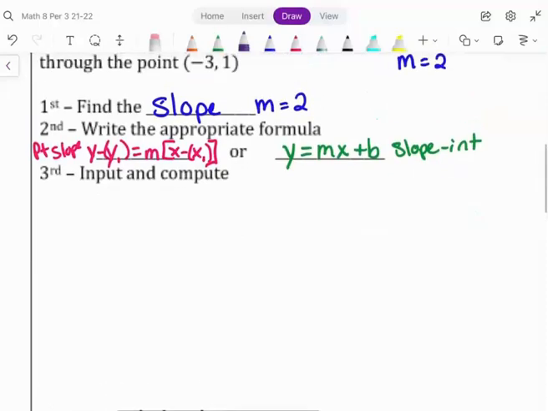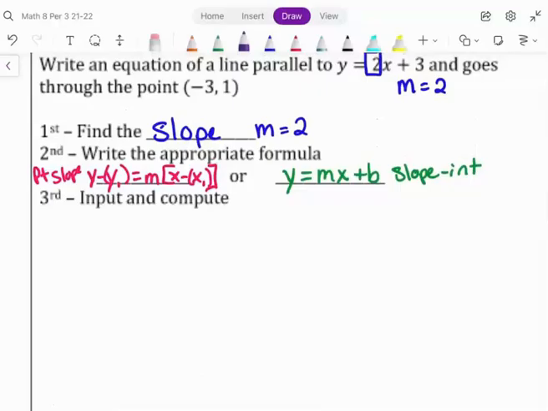So I have the point (-3, 1), so I'm going to label this x and this guy y, and then I have m equals 2. So if I'm going to do it in point slope, I've got m equals 2, and then I have the coordinate of (-3, 1). I've already said this is my x, that's my y.